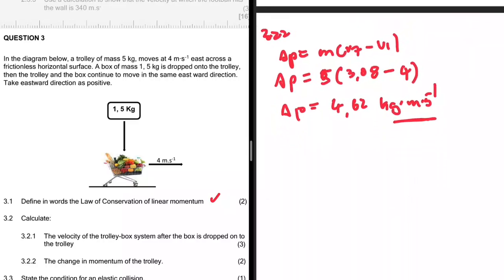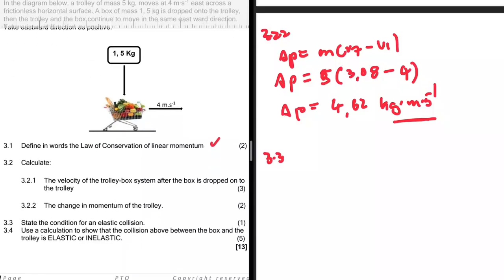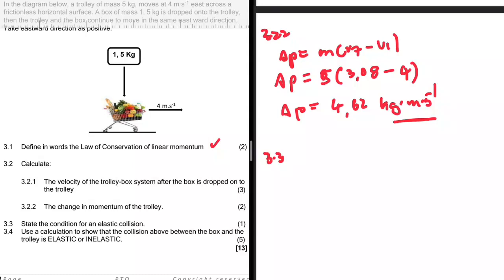Right, 3.3. State the condition for an elastic collision. We've already talked about that as we were answering the MCQ. For a collision to be elastic, momentum needs to be conserved and kinetic energy needs to be conserved. And then 3.4 says use a calculator to show that the collision between the box and the trolley is elastic or inelastic. So take a look at this. We don't have to show that momentum is conserved anymore.